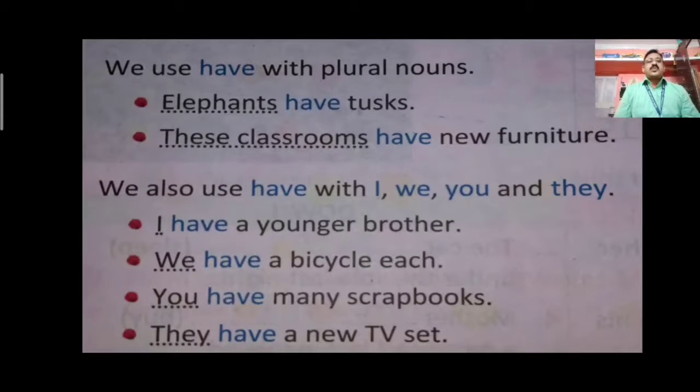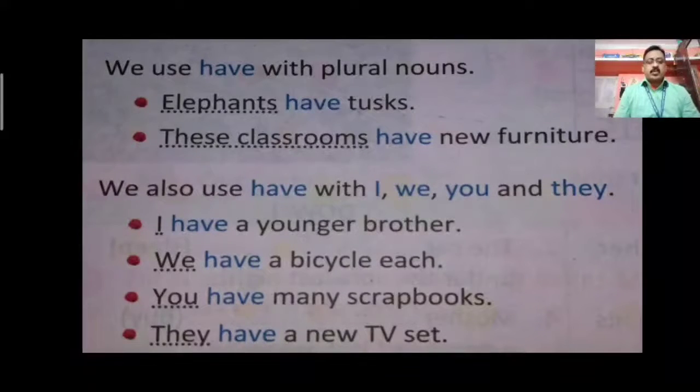We use have with plural nouns. As I told you, has is used with singular noun and pronoun. Here we are talking about have. We use have in those sentences whose subject is a noun which is in plural form. Elephants have tusks. Elephants, you can see S is there.